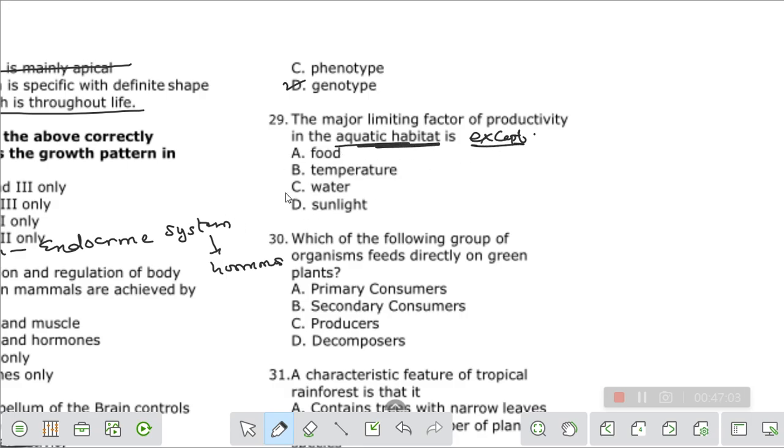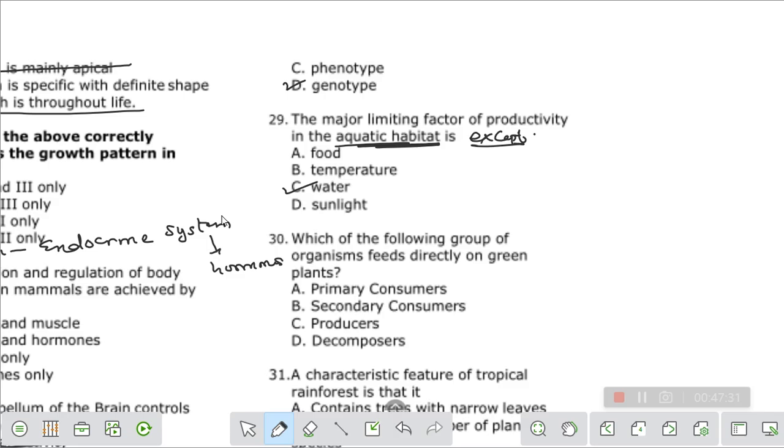Which of the following groups of organisms feed directly on green plants? I told you anything that feeds on green plants is a producer. Anything that feeds on green plants is what? I told you this under food chain. You can see that we really dealt with a lot of topics. I taught you aquatic habitat too, and all these genotypes too. So I've touched some important aspects. Anything that feeds on a producer, I call it a primary consumer.